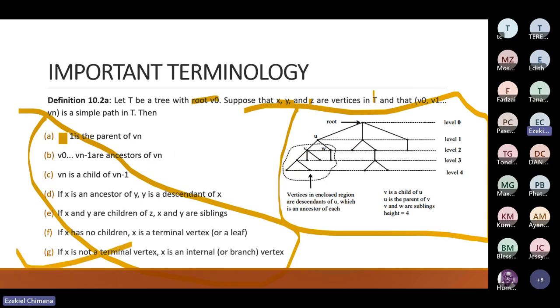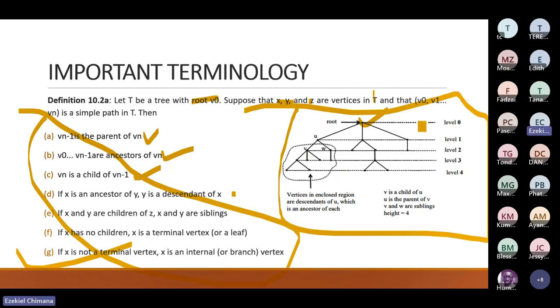The way I've written it here is not actually clear, but let me demonstrate. So this one is our root.